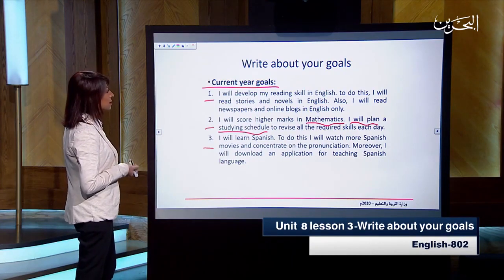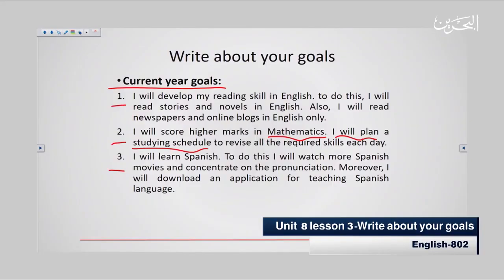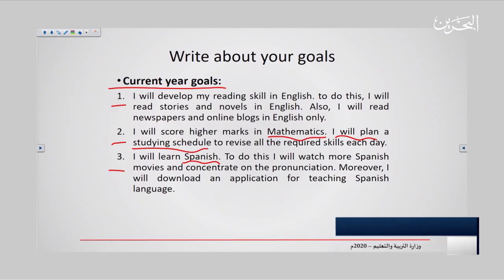Let's move to the last short-term goal, which is I will learn Spanish. Is it necessary to write Spanish? No. You can write any other language that you are looking for. Now, how am I going to learn Spanish? To do this, I have to write a procedure. Let's see.